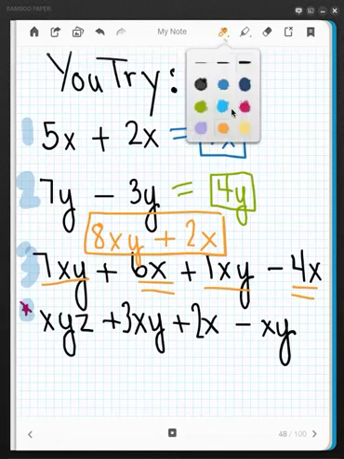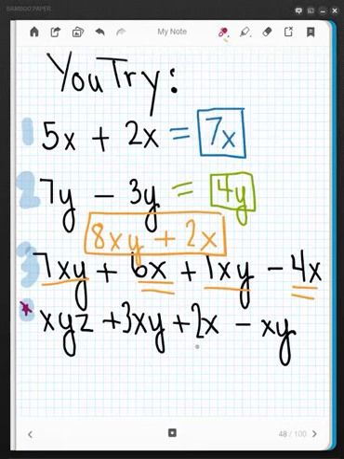Now this last problem that I have here, this one's the most difficult because number one, you have to realize that if you say XYZ, it's just like saying pin. If I have a pin, what is a pin? Well, there's one pin, right? So technically, you can write the number 1 right out here. This one over here as well, there's one XY term.